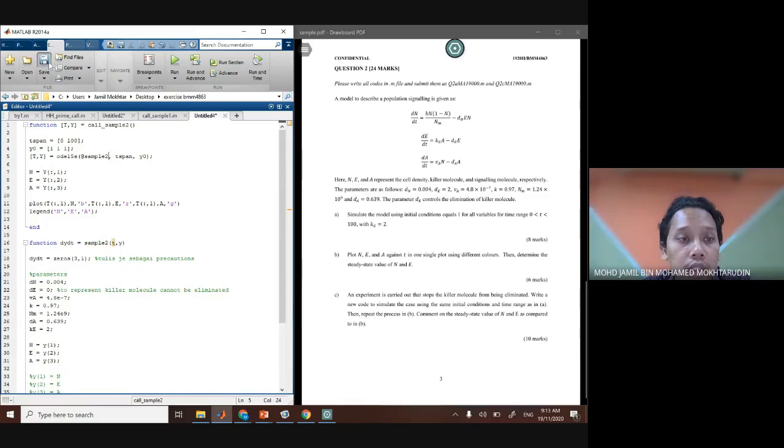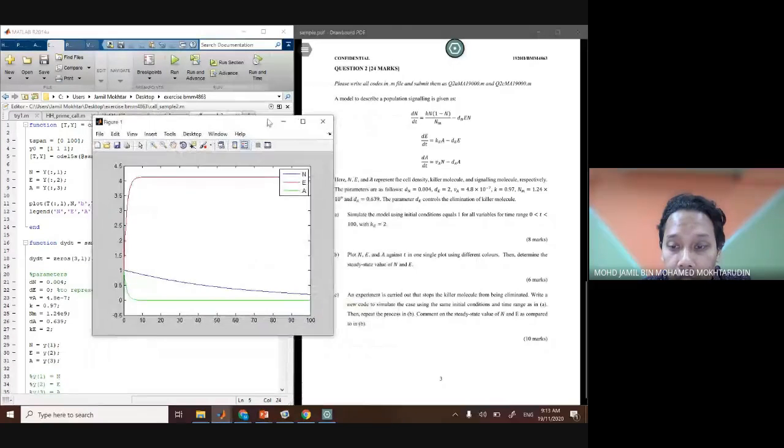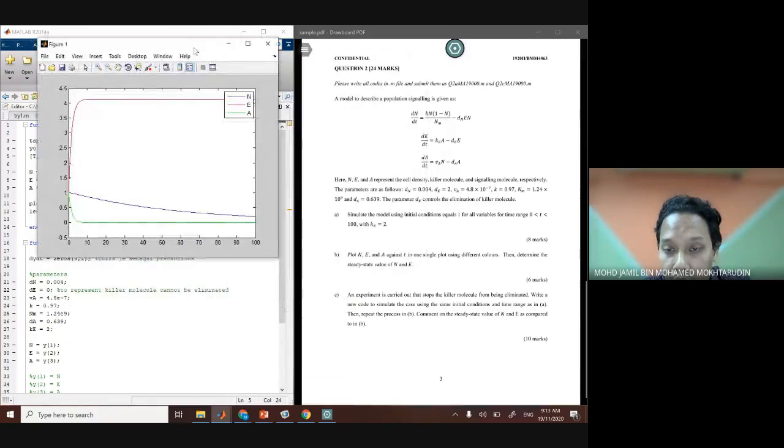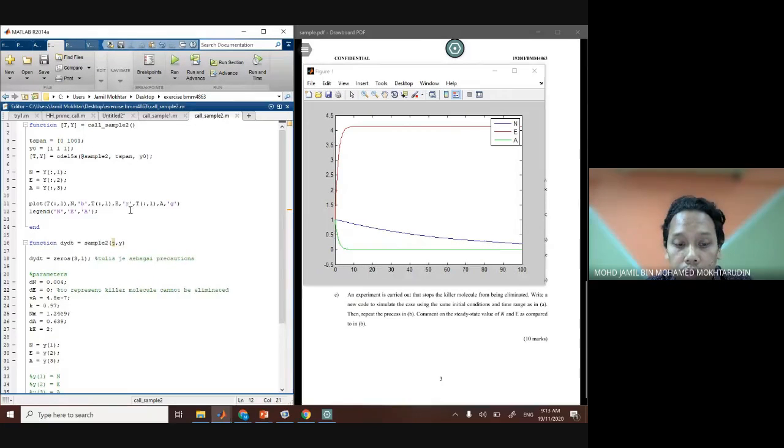And then save and rerun. Okay, so you get a different graph. And then question says repeat the process. So plot graph and then determine the steady state value N and E. So steady state value.